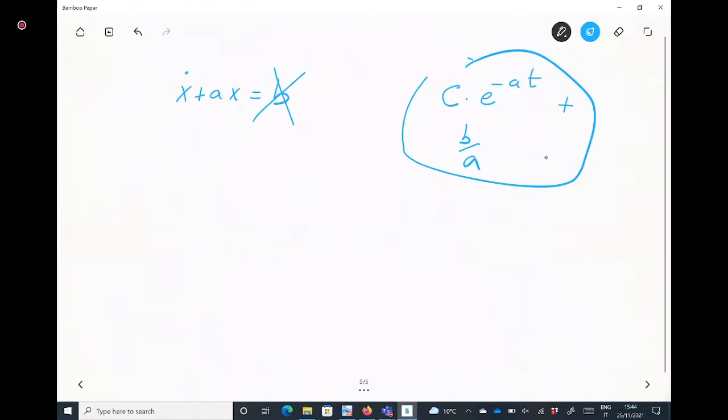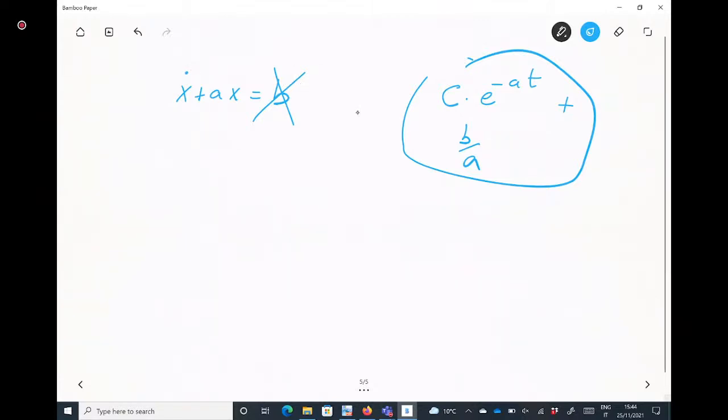Which is that it is slightly more difficult to find, let's say, a particular solution to the system, okay?